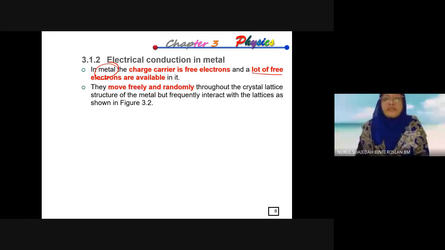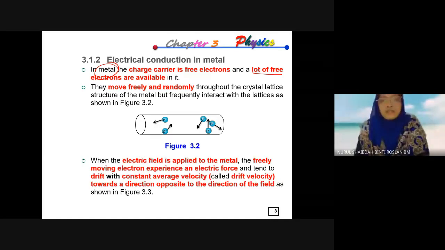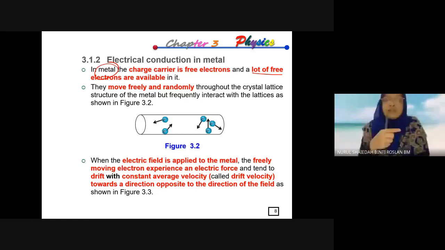They move freely and randomly throughout the crystal lattice structure of the metal, but frequently interact with the lattice, as shown in figure 3.2. So if you have not applied electricity yet, these free electrons will move freely, and they can collide with each other or the surface of the metal structure.